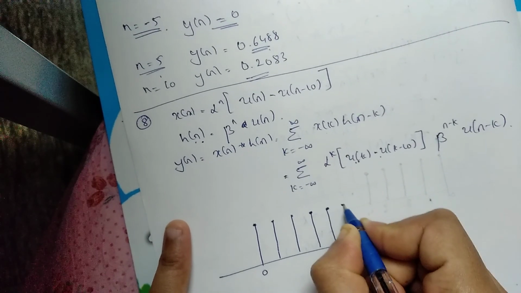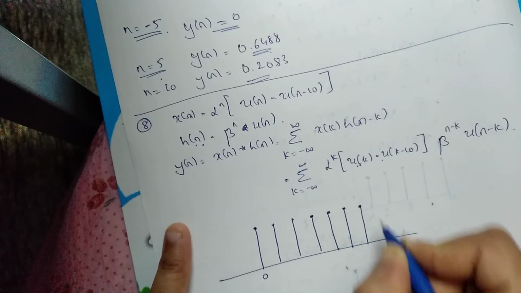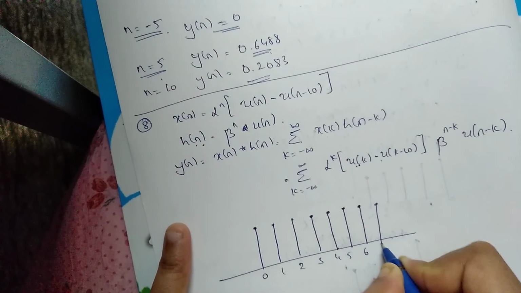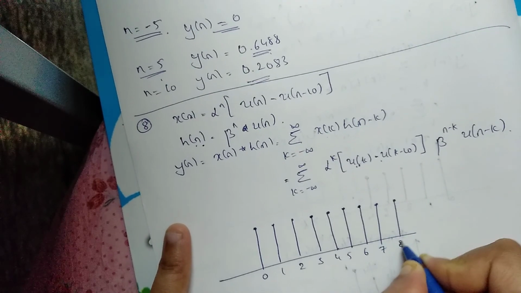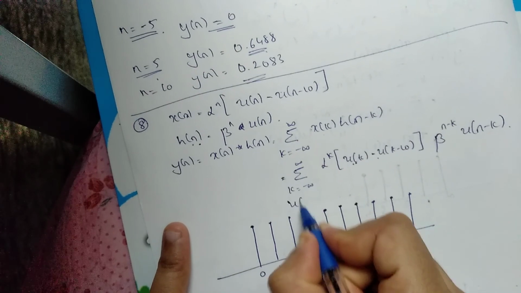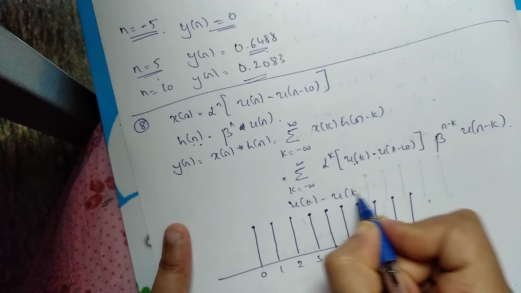First you draw u of k, then you draw u of k minus 10. If you subtract those two values, you will get from 0 to 9. So this is your u of k minus u of k minus 10.